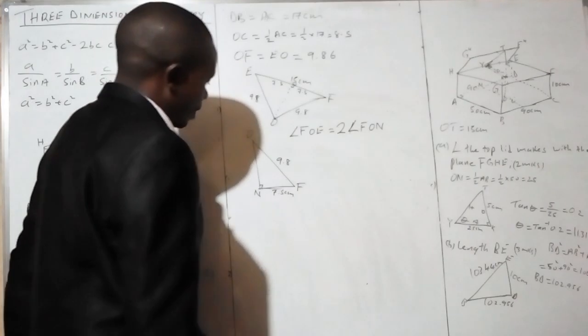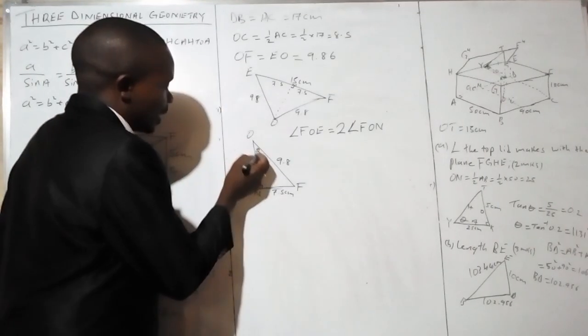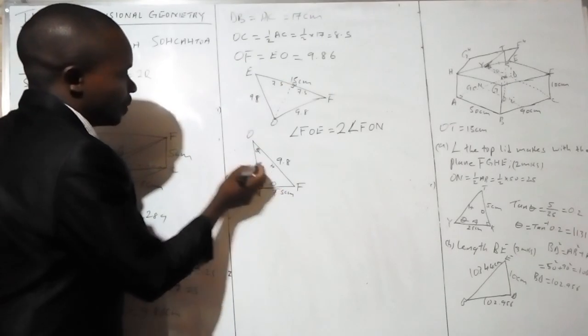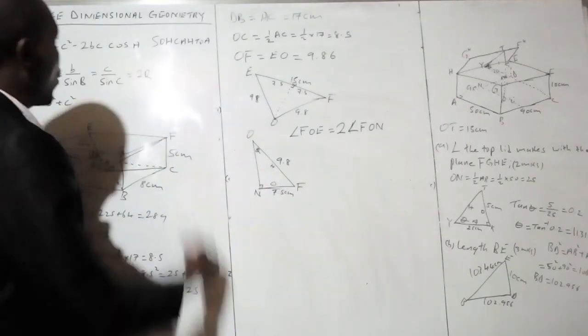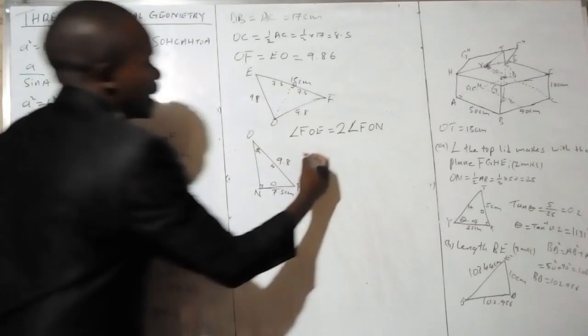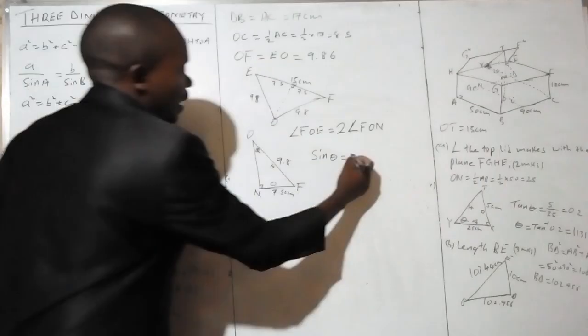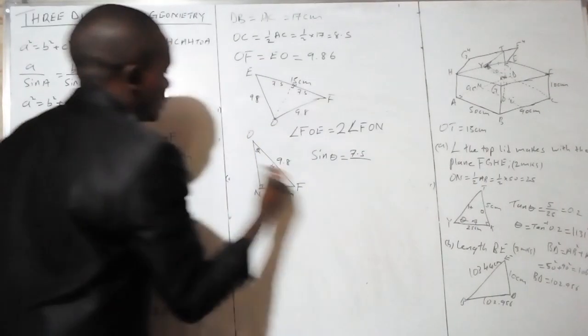Angle theta is the one that we are calculating. This side will be opposite, hypotenuse, because this side will be adjacent. SOH, sine. We can say that sine theta is equal to opposite 7.5 over hypotenuse 9.8.